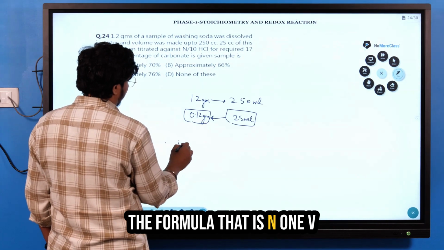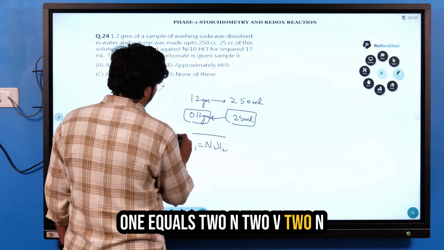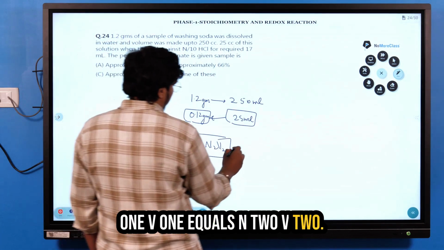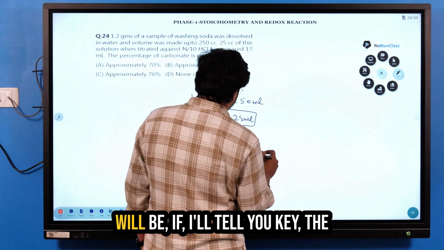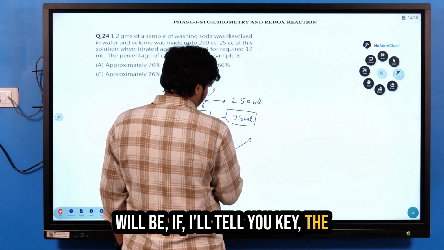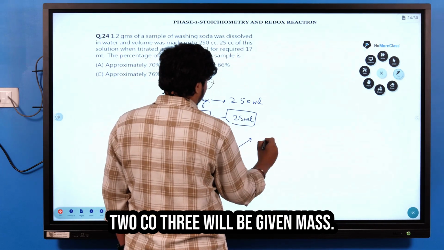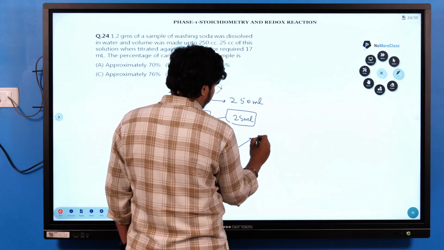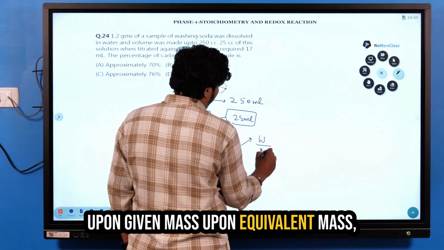So if I write the formula, that is N1 V1 equals N2 V2. So the normality of the first solution, of Na₂CO₃, will be given mass upon equivalent mass.